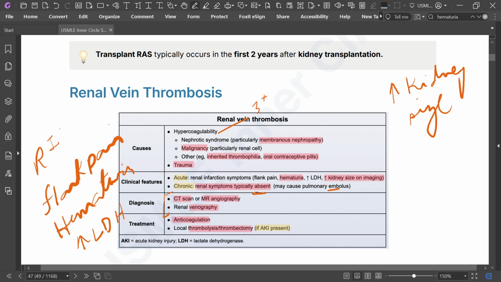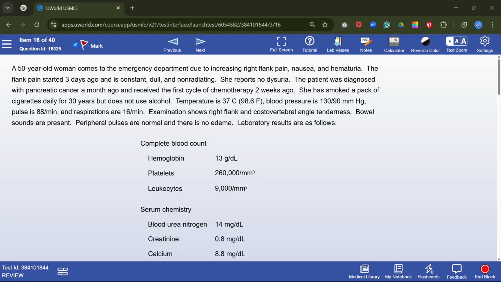Now, look at this question. This 50-year-old woman comes to you due to increasing right flank pain, nausea, and hematuria. The flank pain started 3 days ago and is constant, dull, and non-radiating. She reports no dysuria.